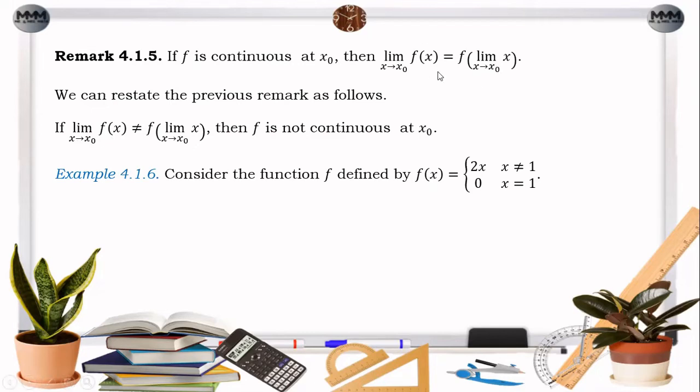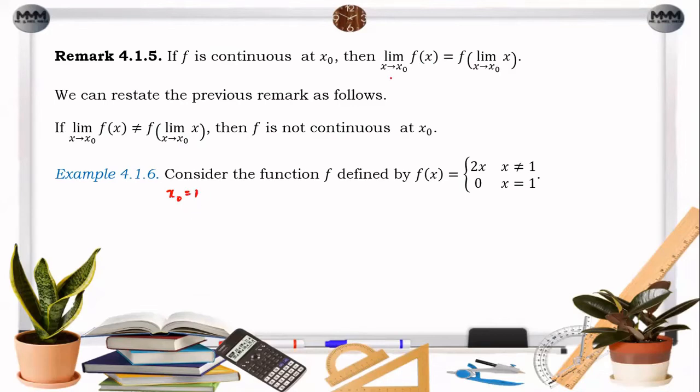If we have this result in the remark, we can say that the function is continuous at a point. But if they are not equal, we can say that the function is not continuous at a given point. Here, we choose x sub 0 to be equal to 1.